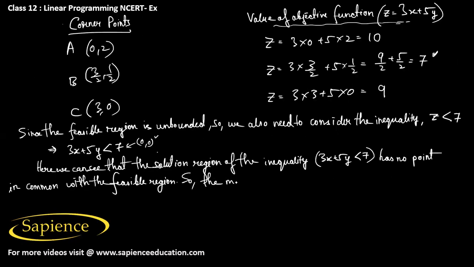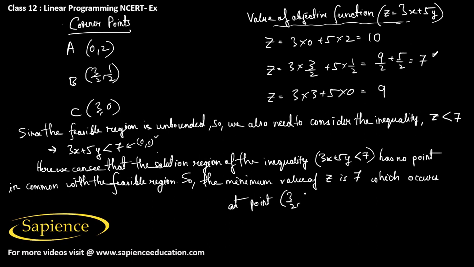So the minimum value of the objective function z is 7 only, which occurs at the corner point (3/2, 1/2). So this is the final answer. Thank you.